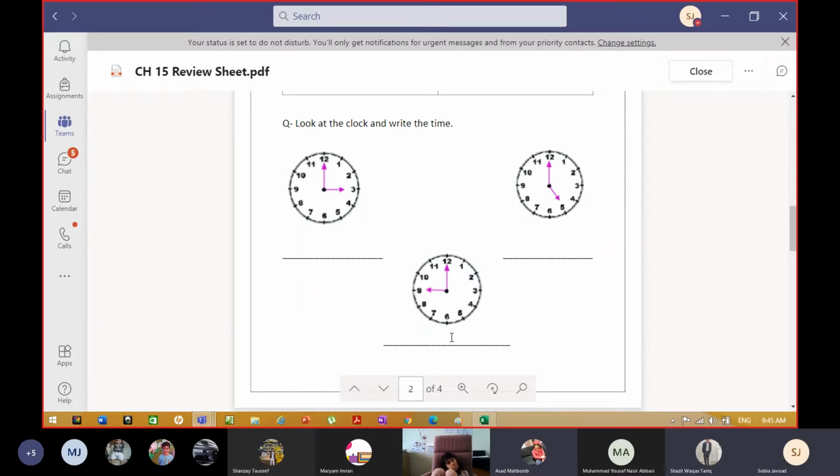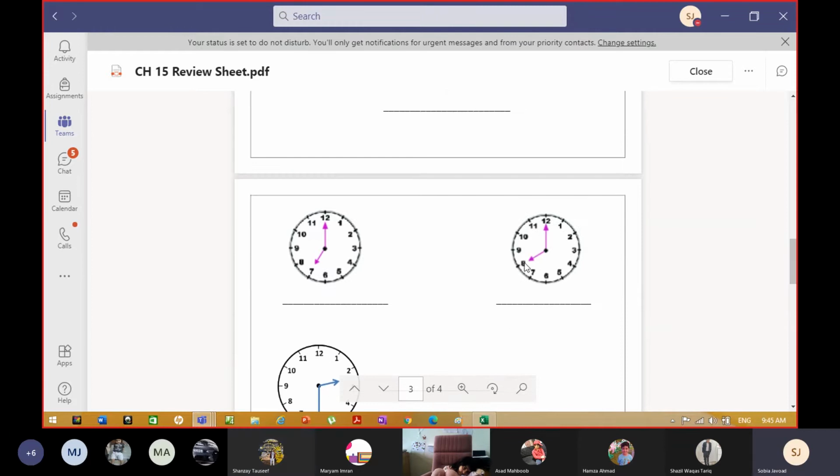Ahmad, what is the time on this clock? 9 o'clock. Hamza, what is the time on this clock? 3 o'clock. Okay, Abdullah, what is the time on this clock? 9 o'clock. All right, where is Mareba? Mareba, are you here in the class? What is the time on this clock, Mareba?